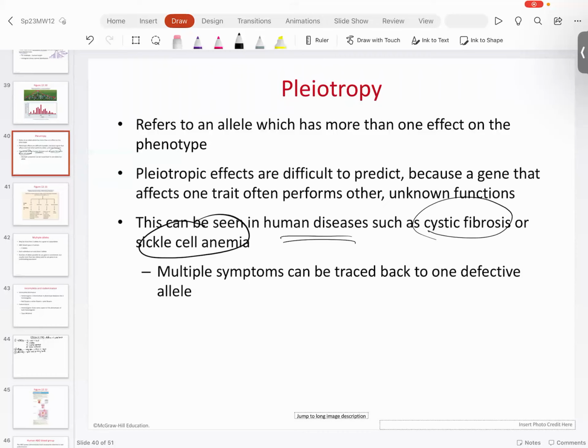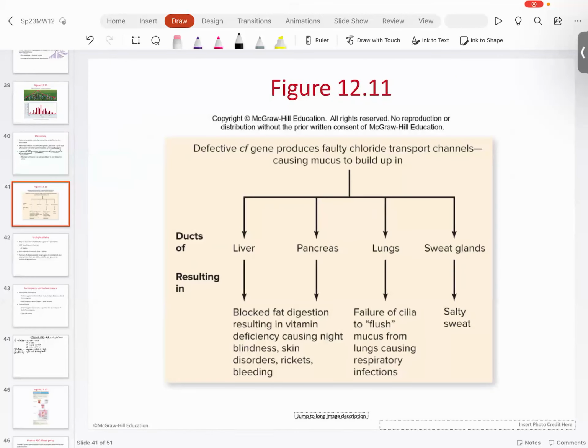Because cystic fibrosis is essentially a mutation in one gene, and it's a gene for a chloride channel. But the chloride channel affects lots of different systems. So when you take a look at cystic fibrosis, for that one mutation, you're going to get symptoms in the liver, mess ups of your fat digestion and absorption.